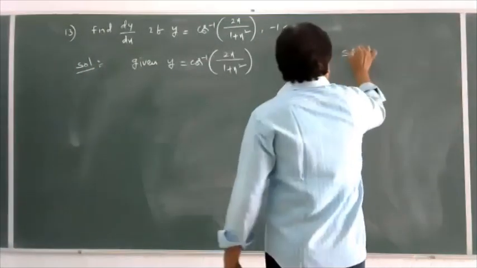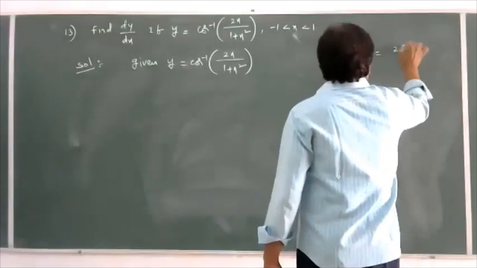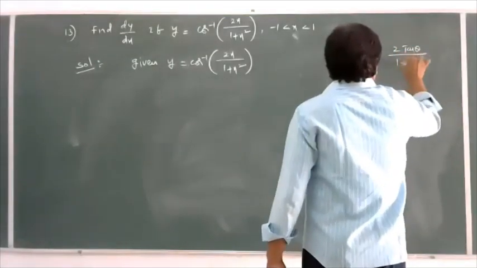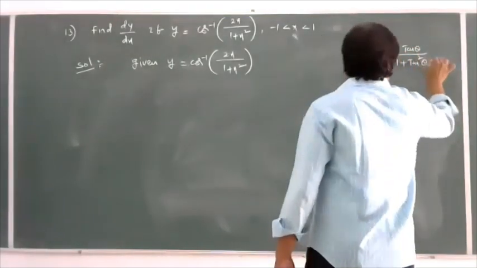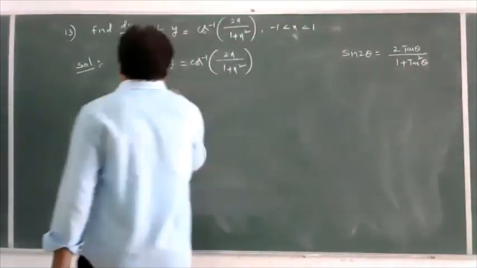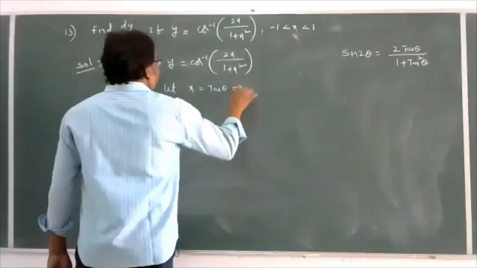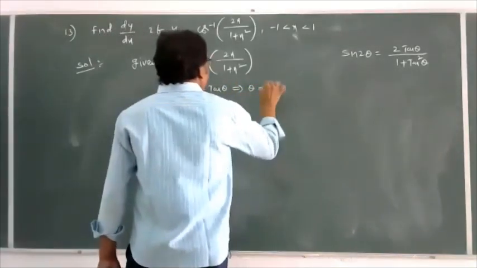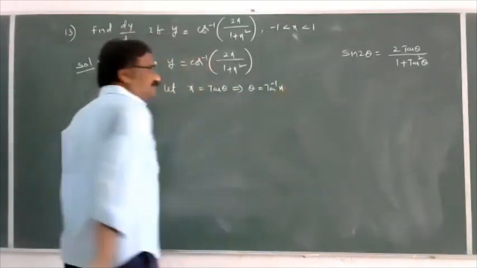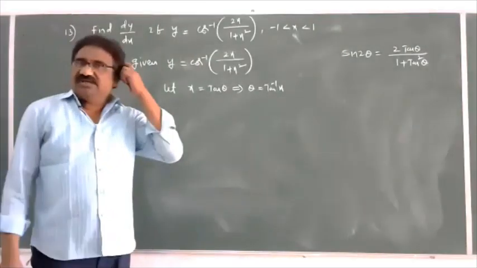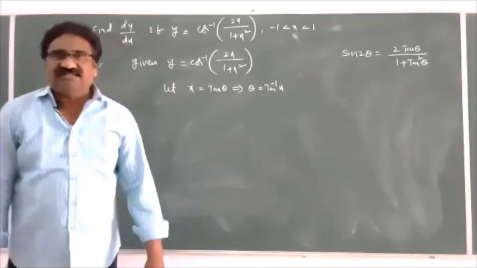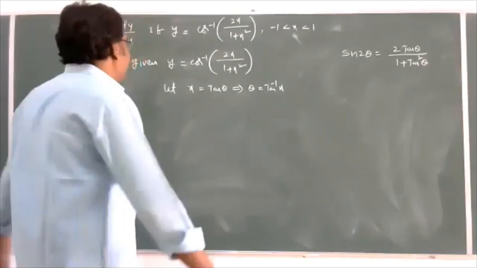So sine 2 theta is equal to 2 tan theta by 1 plus tan square theta. So here let x is equal to tan theta. That implies theta is equal to tan inverse x.